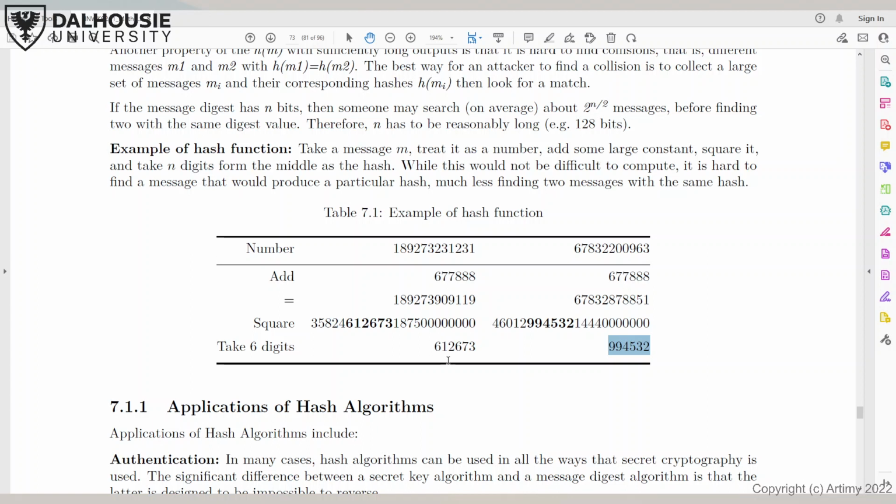But it's not impossible to find two numbers that can generate the same hash, especially with this simple example here.